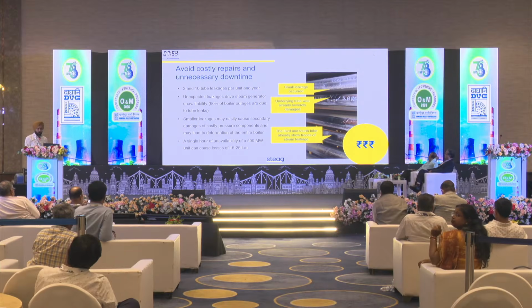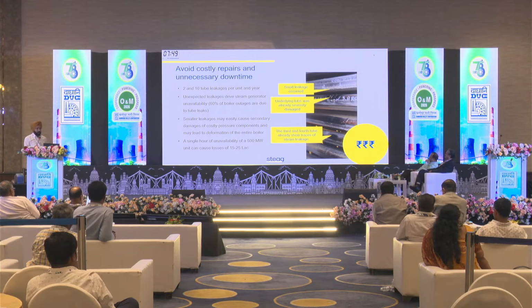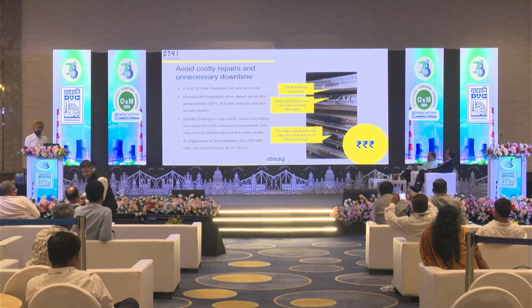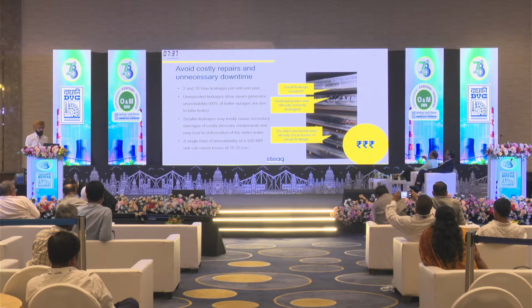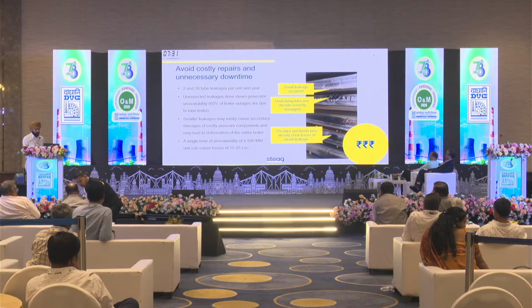And the smaller leakages, when they start happening in the boiler, can cause secondary damages, which can lead to costly damage of the pressure components, and then may lead to deformation of the boiler as well. So a single hour of unavailability in a 500 megawatt unit can make a loss of 15 to 20 lakh per hour.